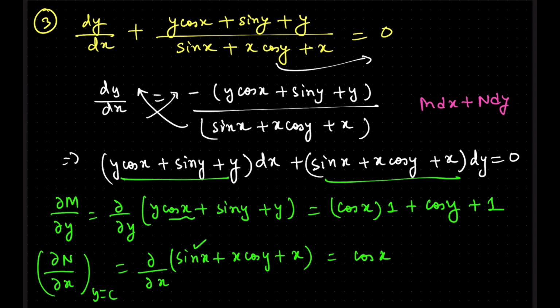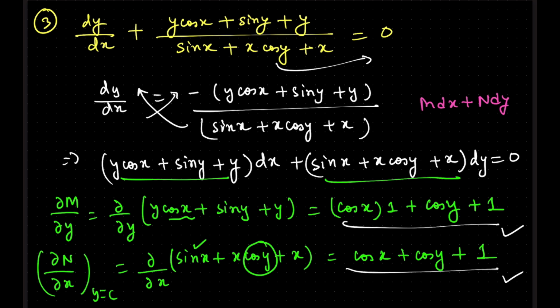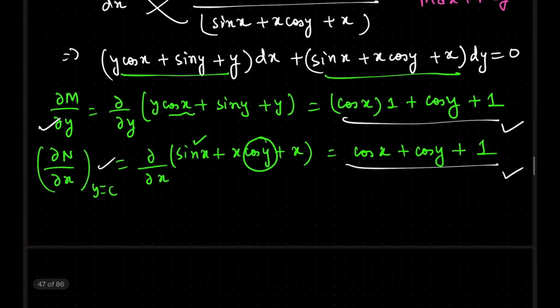The second term has cos y constant, and you will get 1 from differentiating x with respect to x, plus again you will get 1. If you see, this term and this term are the same, so this is our exact differential equation. So we have checked it. Now we will solve it by using the formula.